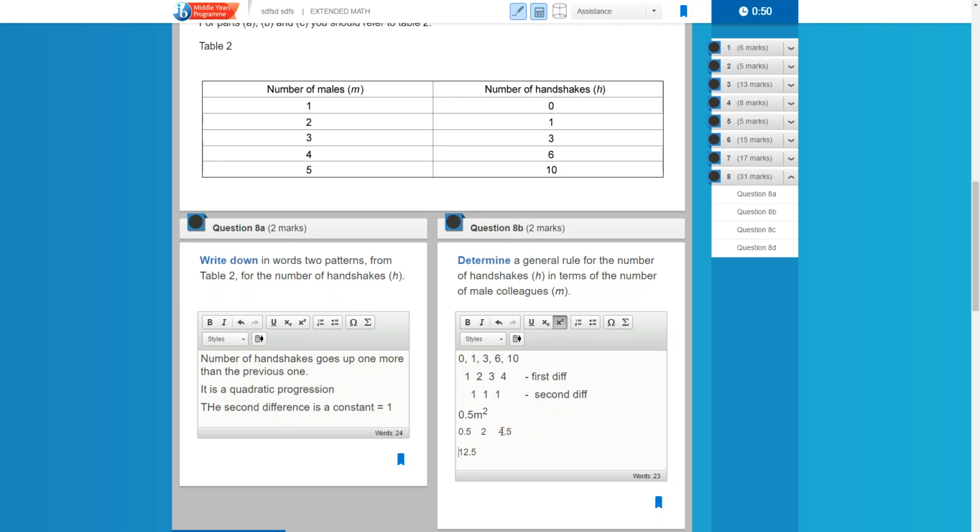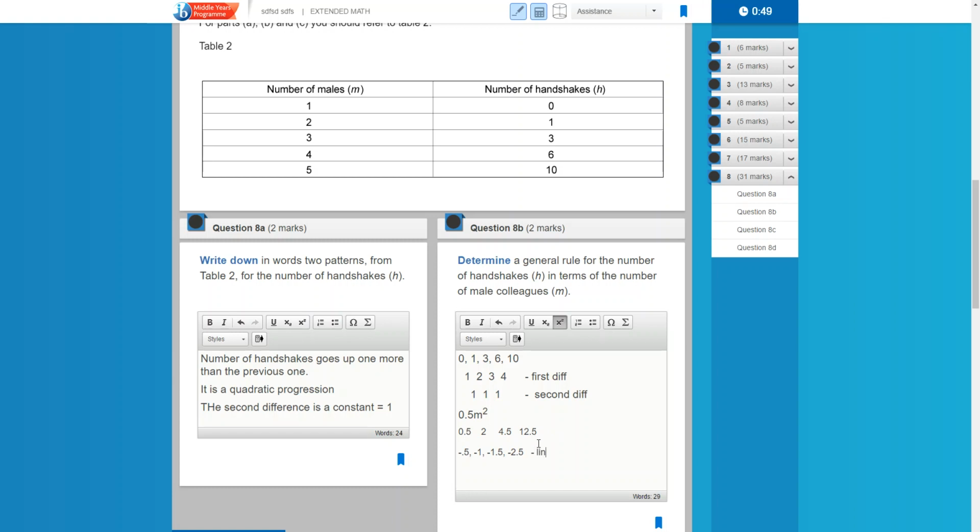Alright. So remember how we go about working out these quadratic sequences: the difference between what we've got and our original sequence. Our original, I'm going to subtract off this part. So I notice that if I take those away, I get negative 0.5. 1 take away 2 is negative 1. 3 take away 4.5 is negative 1.5. 10 take away 12.5 is negative 2.5.